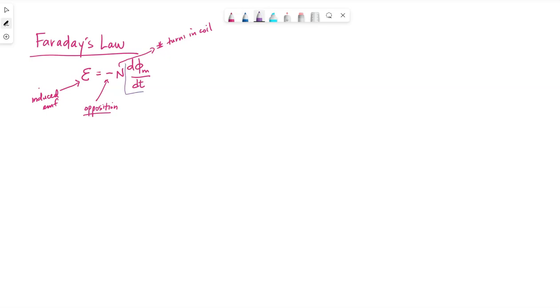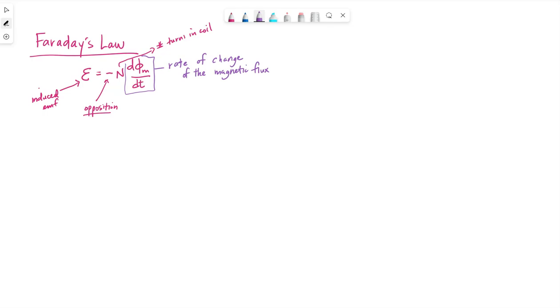And then this is the rate of change of the magnetic flux. So the magnetic flux, if it is changed, a voltage will be induced.